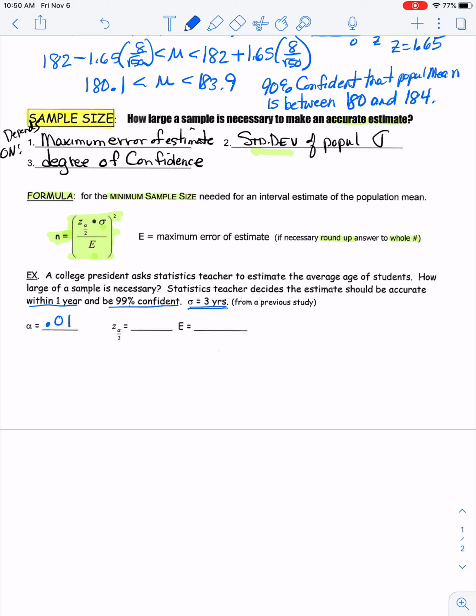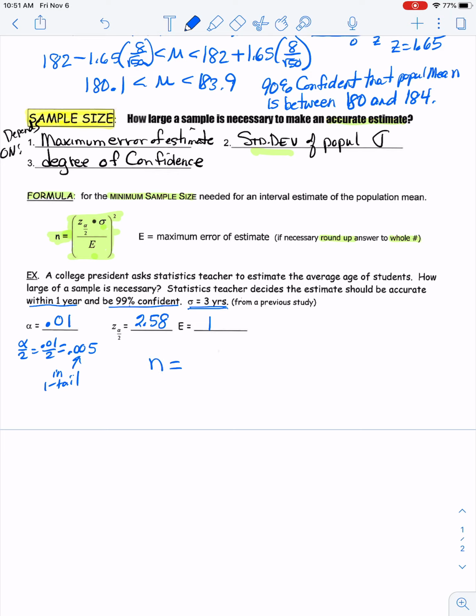Z alpha over 2 is going to give us 2.58, because alpha over 2 means 0.01 divided by 2 is 0.005. That's the value in one tail, remember. And then the maximum error of estimate is just 1 because it goes with 1 year.